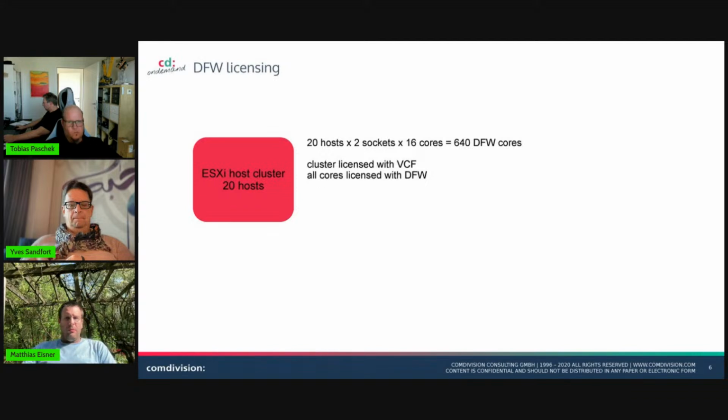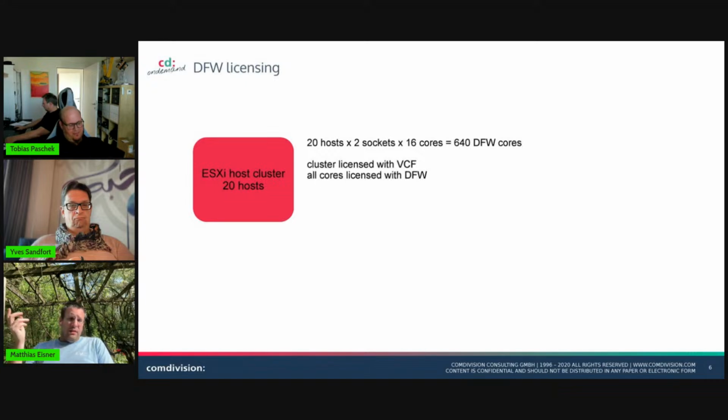20 hosts, 2 sockets each, host-related or correlated add-on. So we license at least 16 cores per socket. So that's 640 DFW cores. That's it. Or did I? No, I just redid the math.